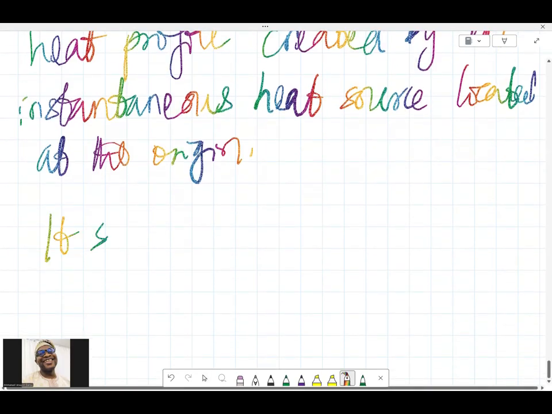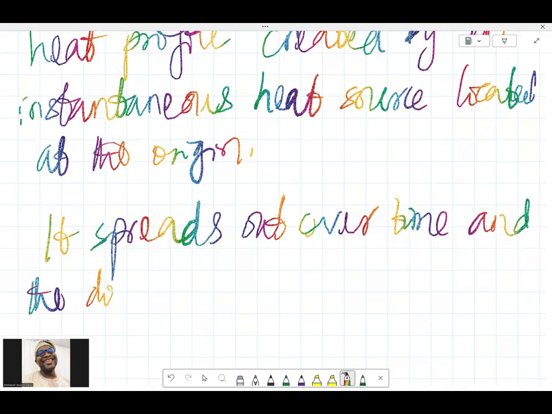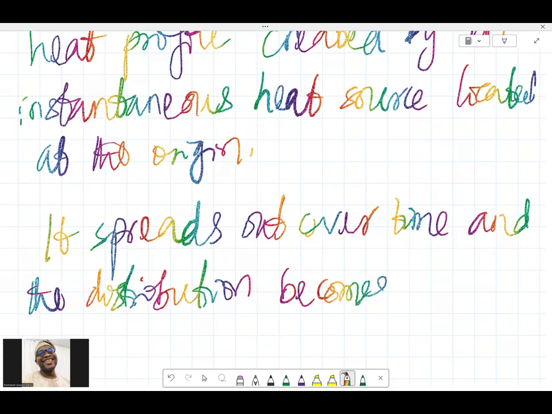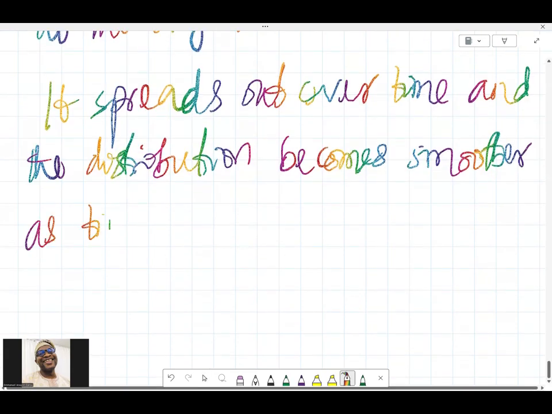It spreads out over time, and the distribution becomes smoother as time increases.